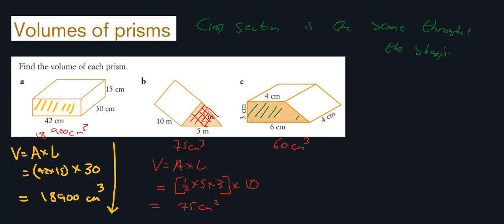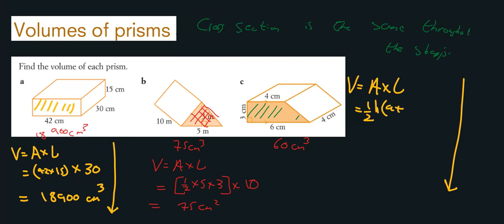Okay, so let's write a structured solution which is vertical with all the equal signs lining up. So the volume, I've written area for some strange reason, is the area multiplied by the length. So I hope you can all recognize that this is a trapezium.